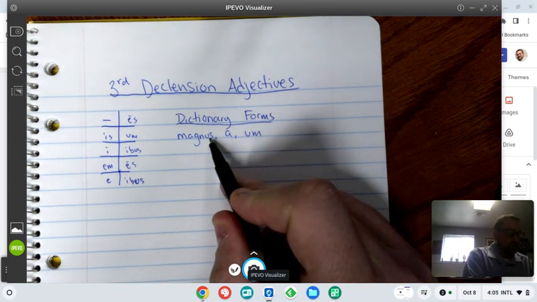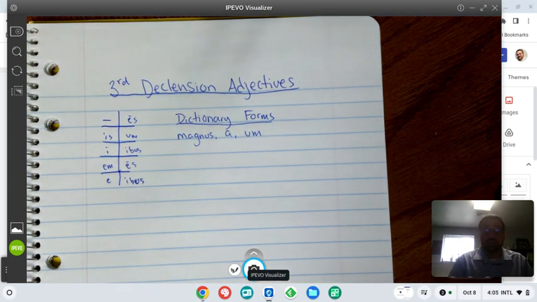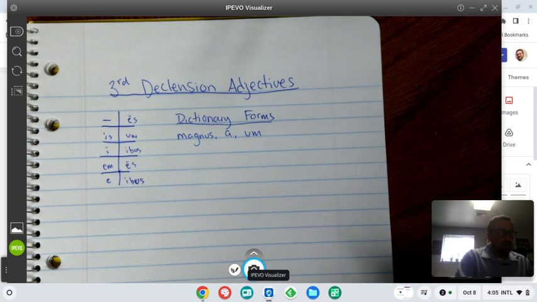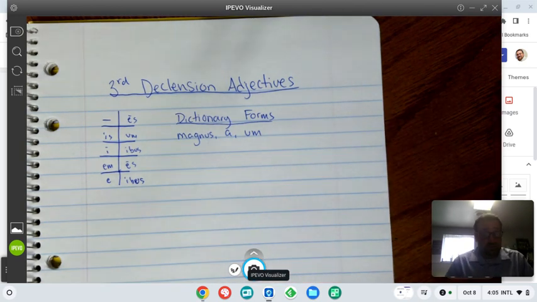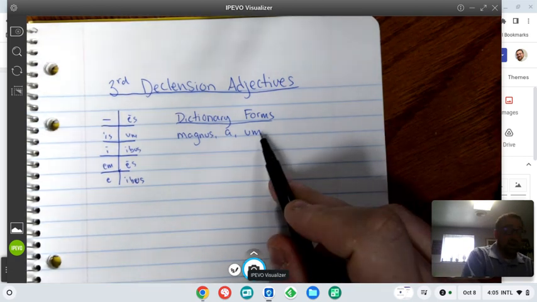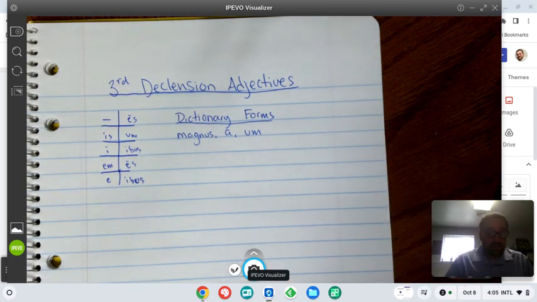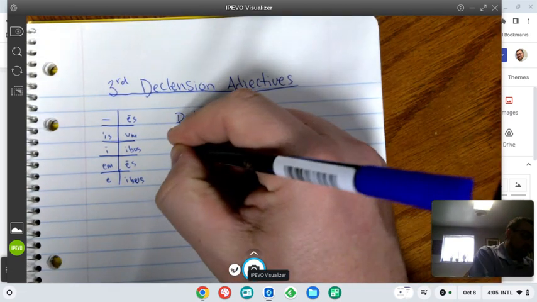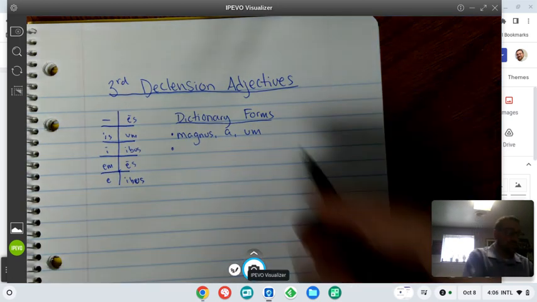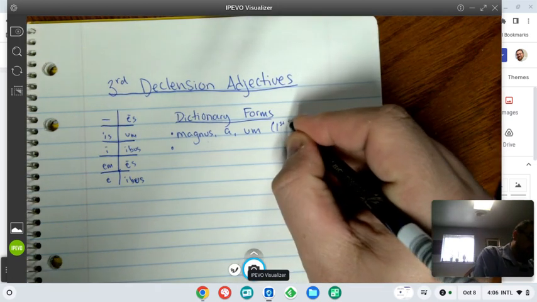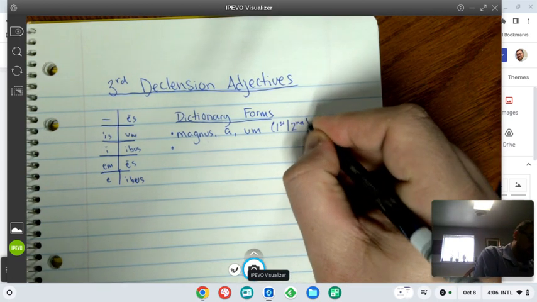Because we could have magnus or any of the -us endings, we could have magna or any of the first declension endings, and we had magnum or any of the second declension neuter endings. So they had three different parts to the dictionary form. It all made sense. That was a first and second declension adjective.